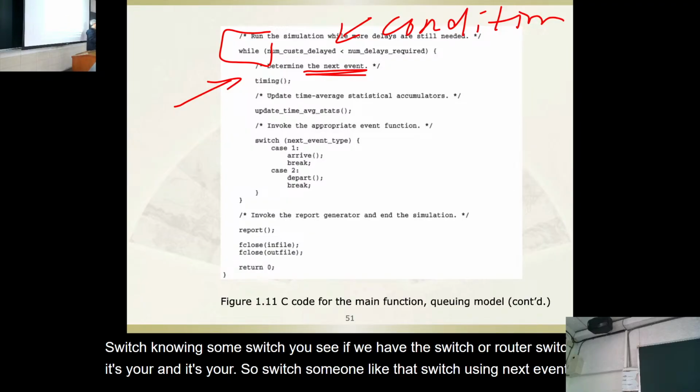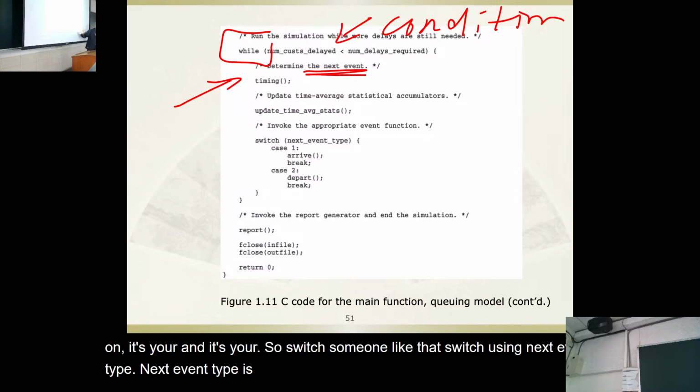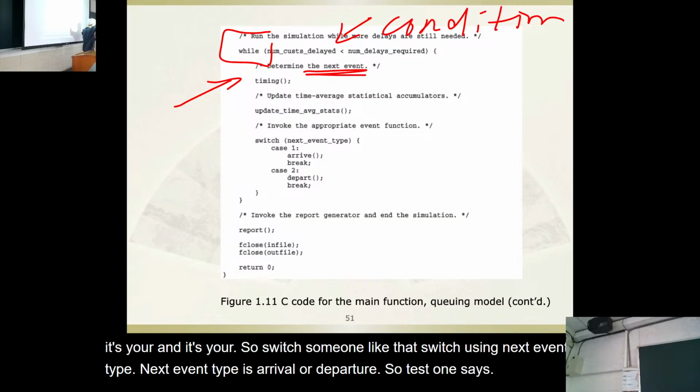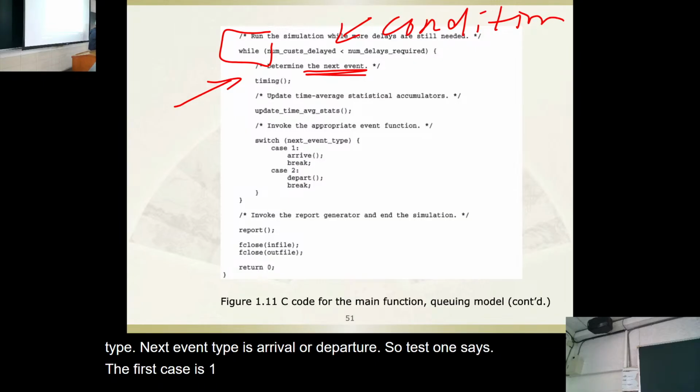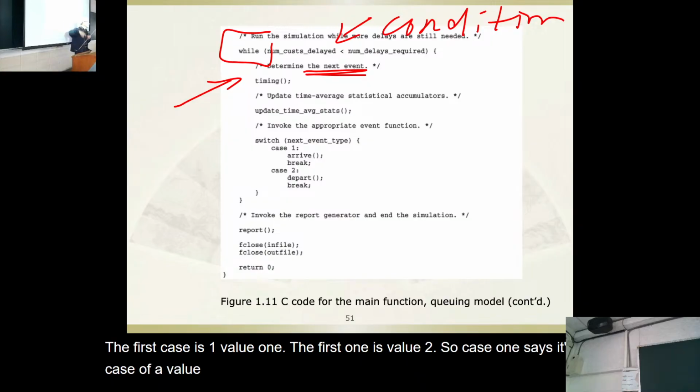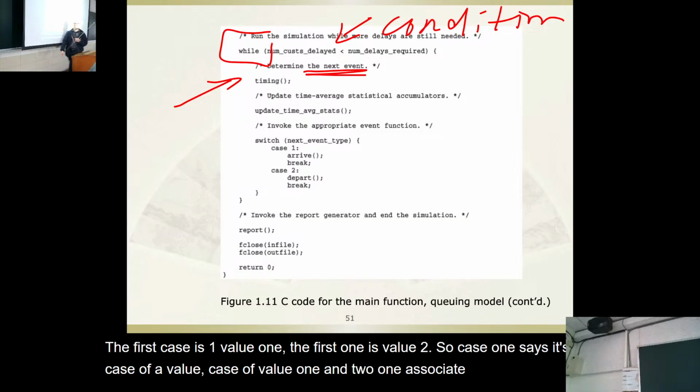Next event type is arrival or departure. So case 1 is the first case, value 1. The next one is value 2. So case of value 1 and 2. We will associate 1 with arrival, 2 with departure.